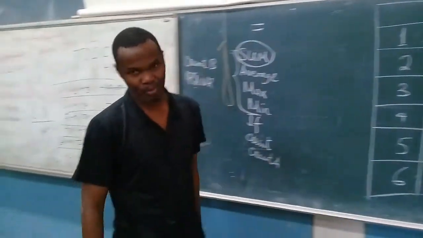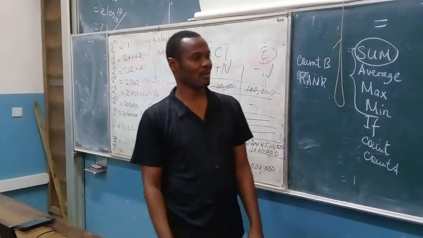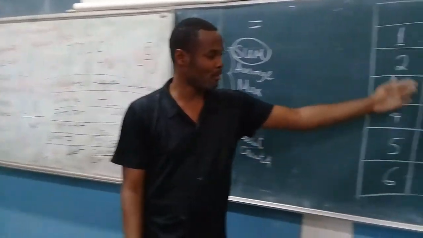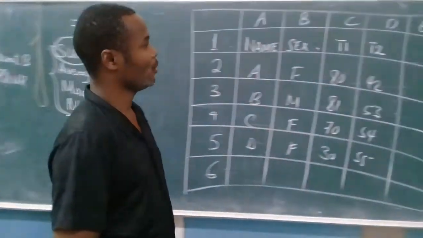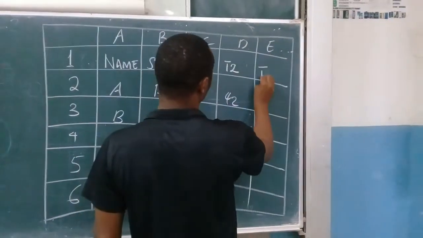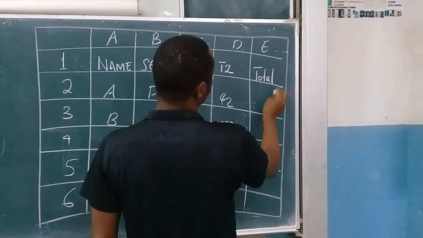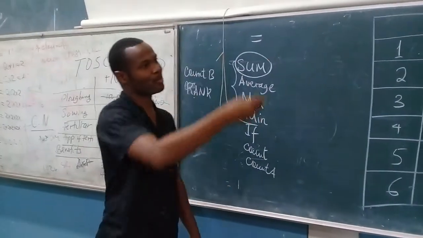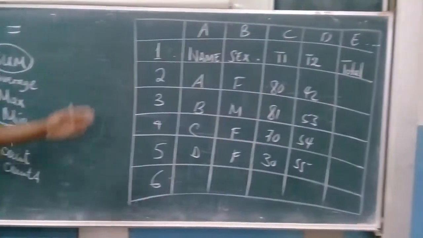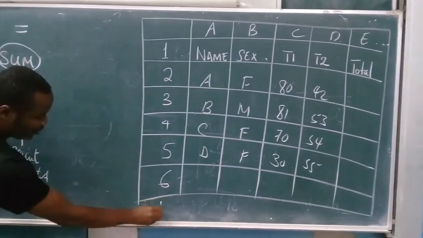This is just for demonstration purposes, but under normal circumstances you would have hundreds of students involved. And here you want maybe to put the total. These are the column headers, and these are the row headers, which go beyond 1 million and something.